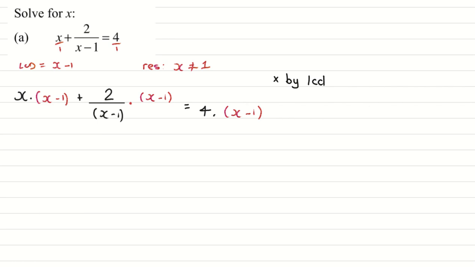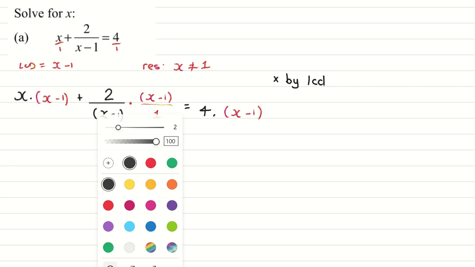Important to leave in brackets because it is a binomial, plus 2 over x minus 1 multiplied by x minus 1 is equal to 4 multiplied by x minus 1. Now, if it makes it easier to see what's going on, when you're multiplying your LCD with another fraction, you can put your LCD over 1 if it helps. If the values are not in fractional form, then there's no need to put it over 1. You just multiply the LCD directly.